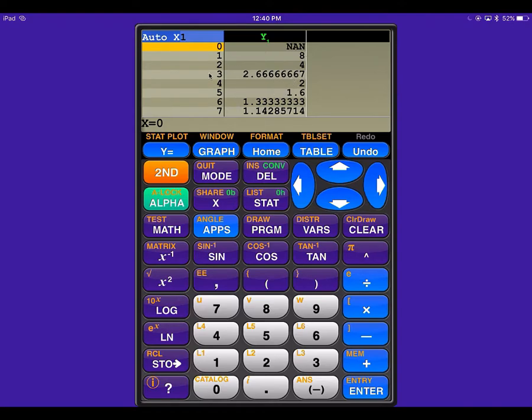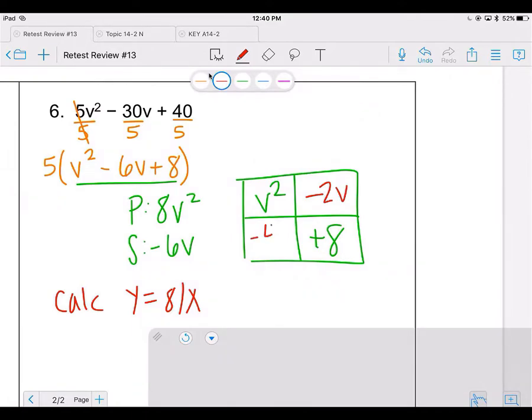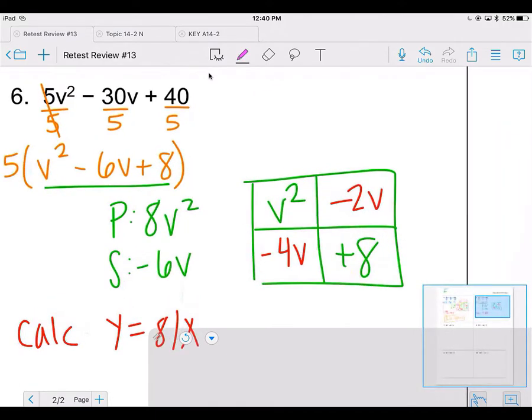There's no way they will add to a negative. So I go up to my negatives. Negative 1 plus negative 8 is negative 9. Negative 2 plus negative 4 is negative 6. So I put those two pieces exactly like I got them in the calculator and put them in my box, negative 2v and negative 4v.